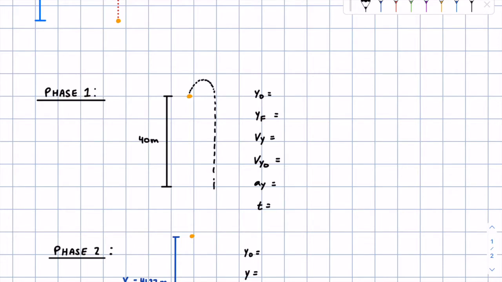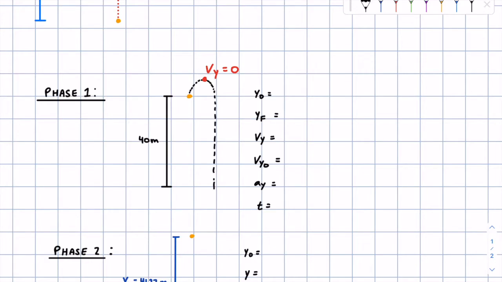And for phase one, what we're concerned about is the first phase, as I call it, where it is here. And at that particular instant, the velocity is 0. So we're going to deal with just this first part right here, just this portion. So let's get into that.